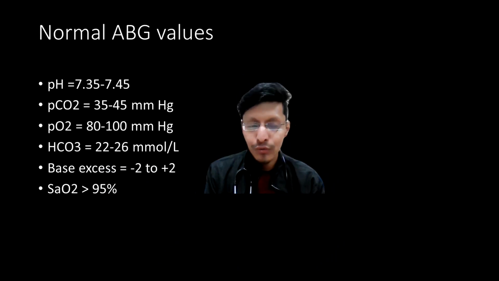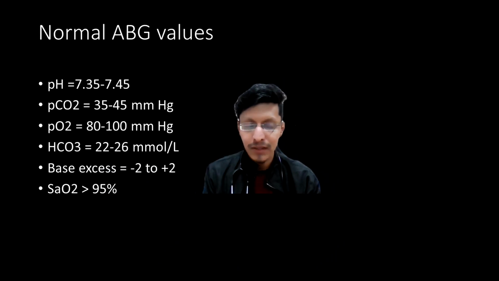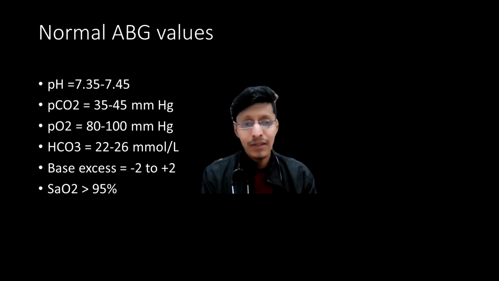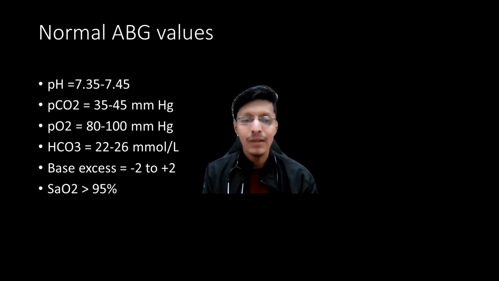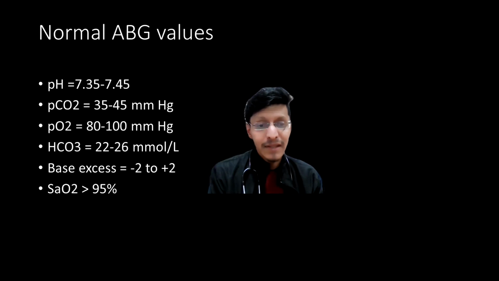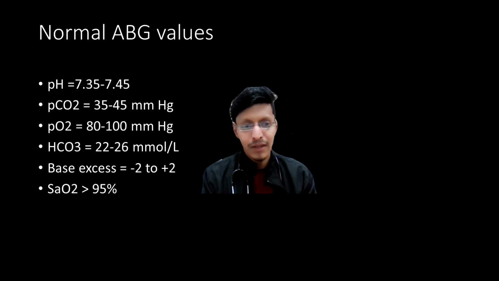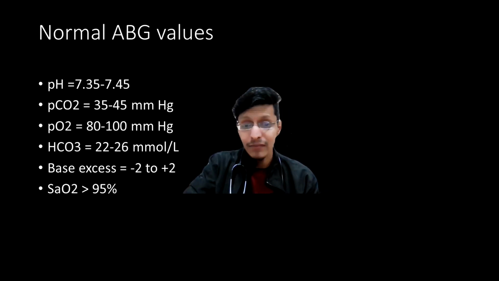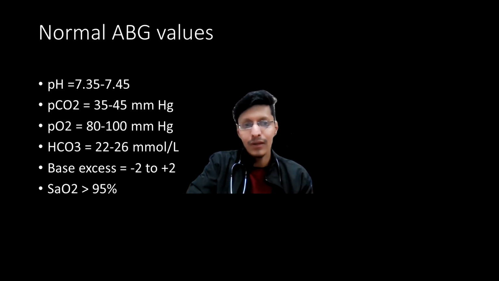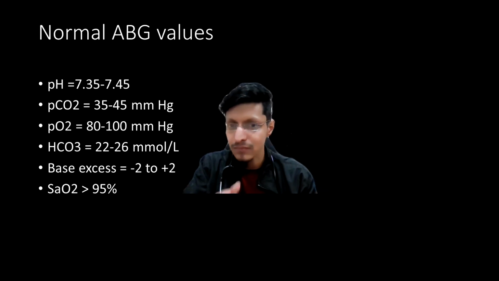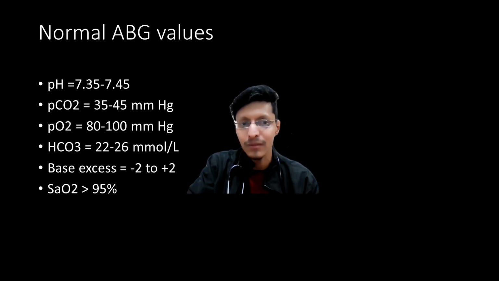The normal PO2 is 80 to 100 mm of mercury. The normal bicarbonate is 22 to 26 millimole per liter. The base excess is between -2 and +2, and SaO2 is more than 95%. These values are very, very important and should be well inbuilt in your mind.